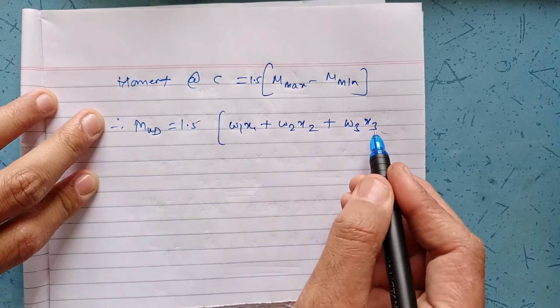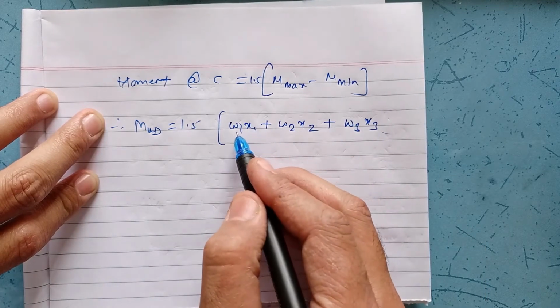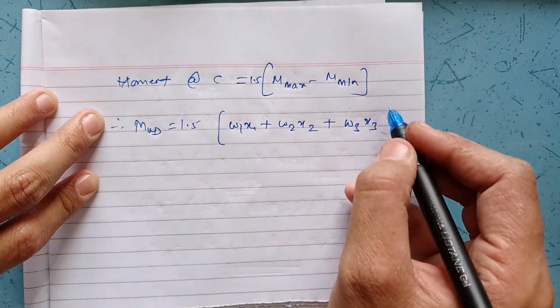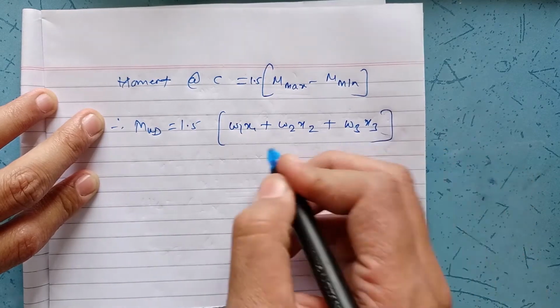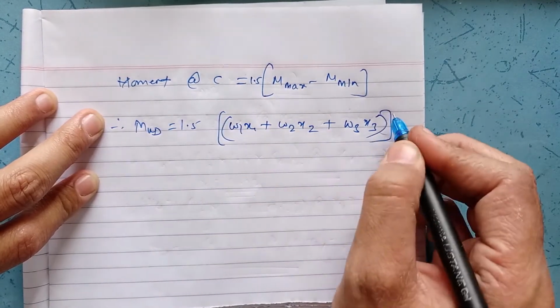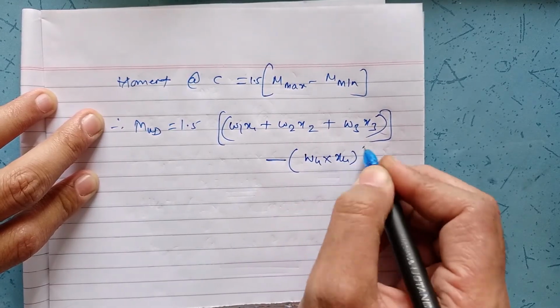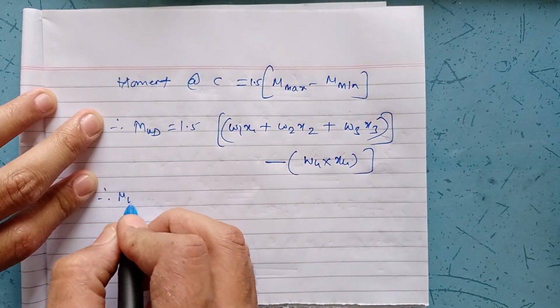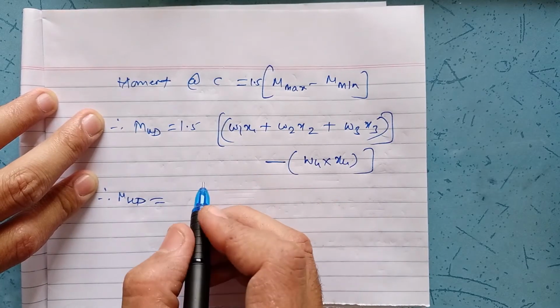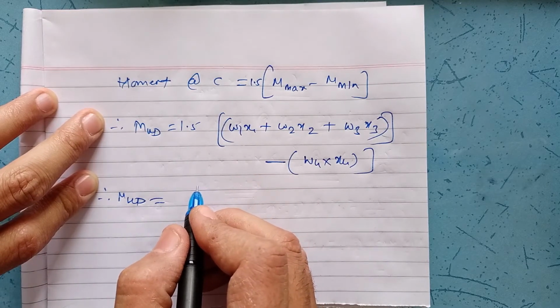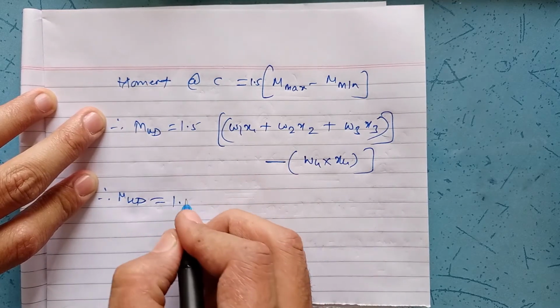These x1, x2, x3 are the lever arms for the downward acting forces W1, W2, W3 respectively, minus W4 into x4.